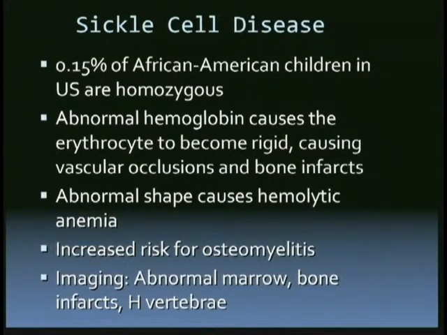They are also at risk for osteomyelitis, which we have to keep in mind when we evaluate these patients. And so on imaging, we will see an abnormal marrow, bone infarcts, and the H vertebra, which actually corresponds to infarcts of the vertebral body, which causes that abnormal shape.